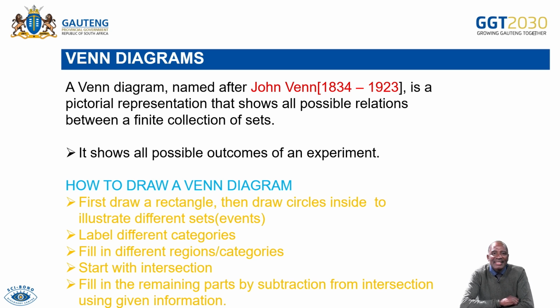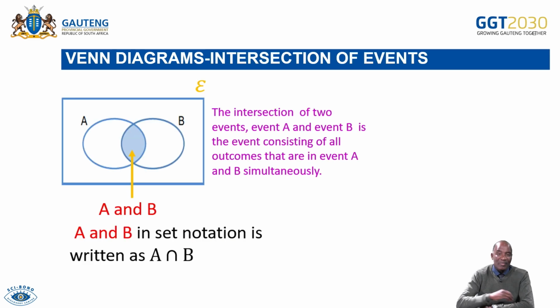First, draw a rectangle, then draw circles inside to illustrate different sets or events, label different categories, fill in different regions, start with intersections, then fill in the remaining parts by subtraction from the intersection using the given information.